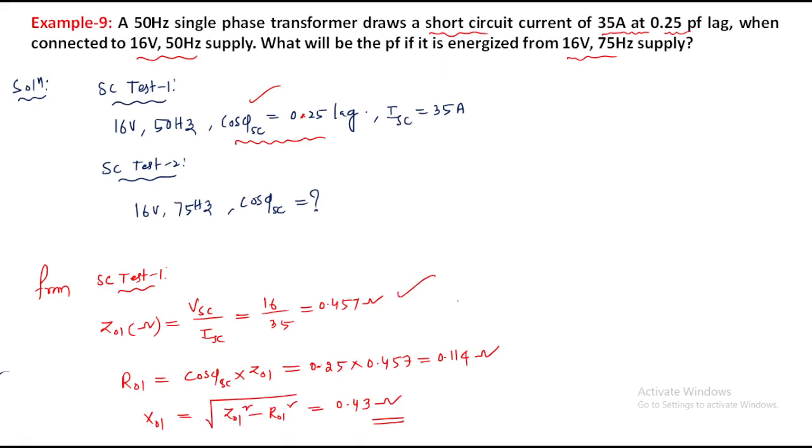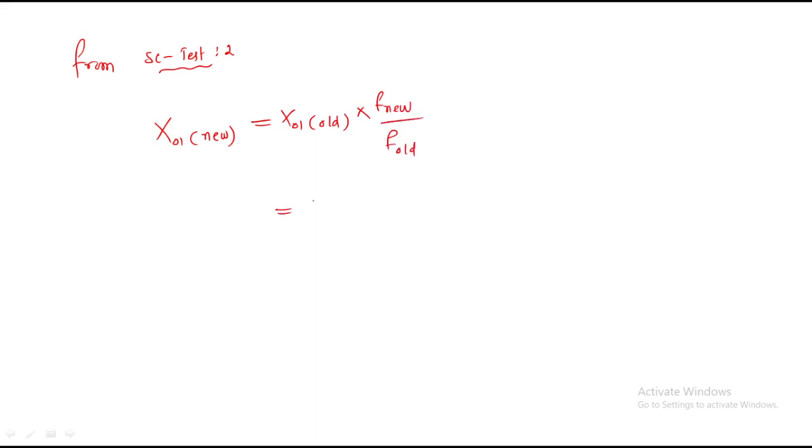So we have Z01, R01, X01. So from SC test 2, we have to calculate the new value of X01, that is X01 old into frequency F new by F old. What is X01 old? That is 0.43. F new is what? 75.